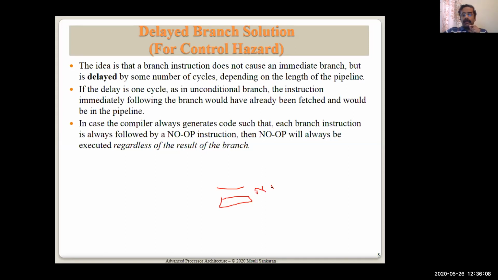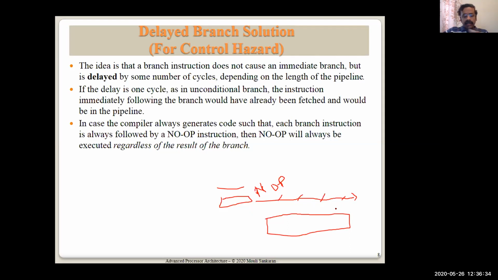No op is NOP. In Intel processors it's called NOP. So what does it mean? This is an instruction which does nothing, but it occupies a 32-bit word length, and it goes through each stage of the pipeline without causing any state change to the processor.